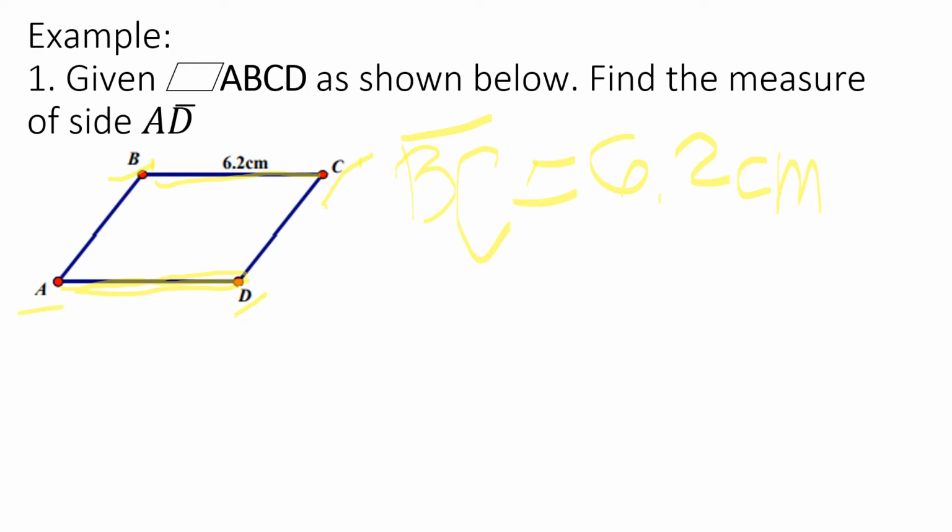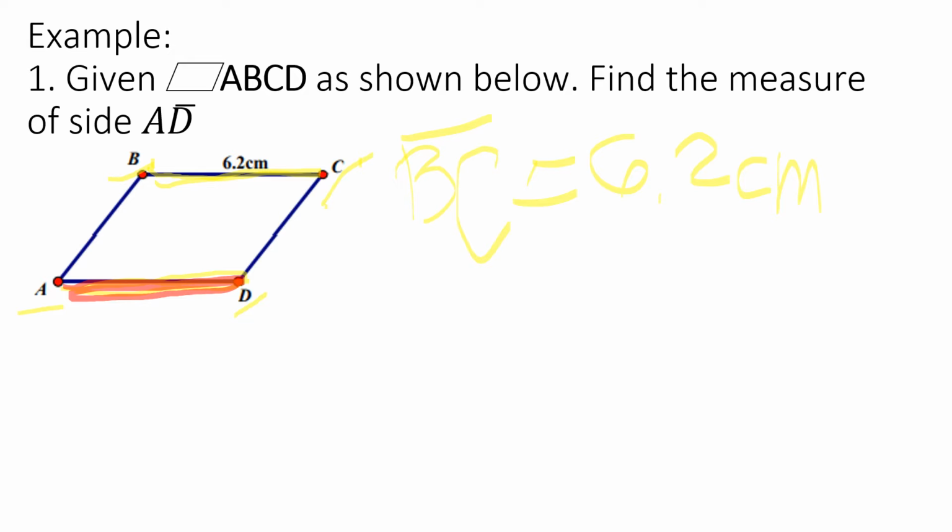So what is the opposite side of the side BC? As you can see in the figure here, the opposite side of side BC is actually side AD. And we have to find the measure of side AD.